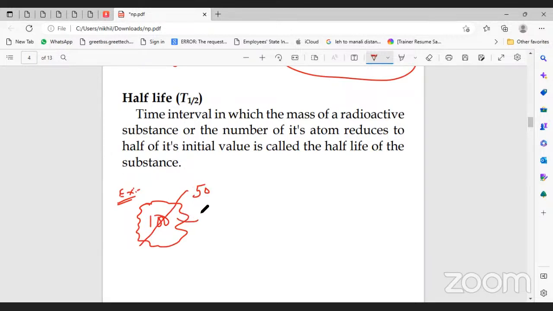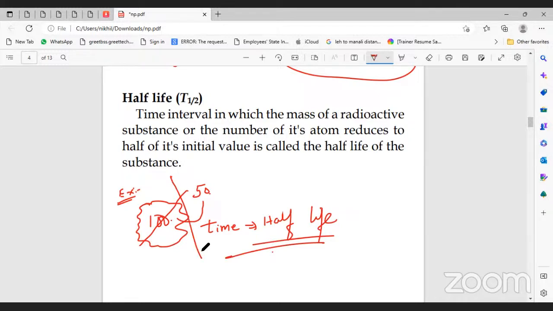Whatever time is taken to come from 100 nuclei to 50 nuclei, that time is what we call the half-life. What is half-life? Half-life is the time taken to disintegrate exactly half of the initial number of atoms. To reduce to half of the initial number, we require a certain time. That time we call the half-life.